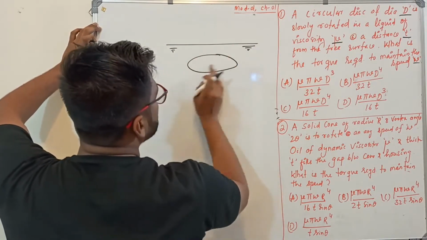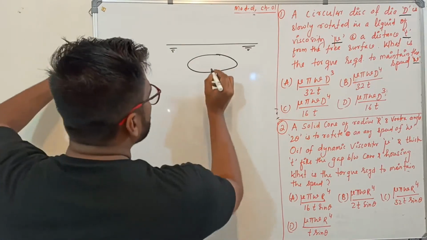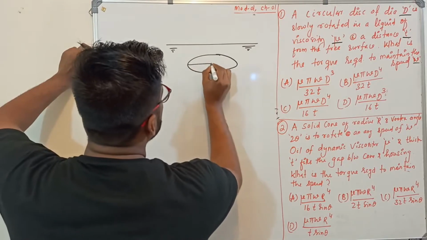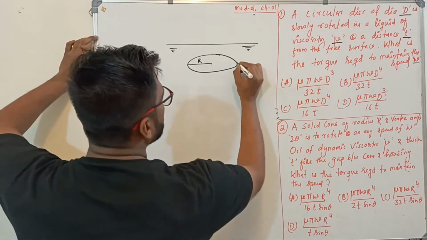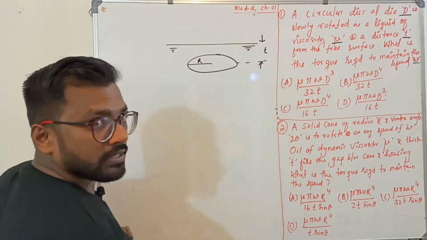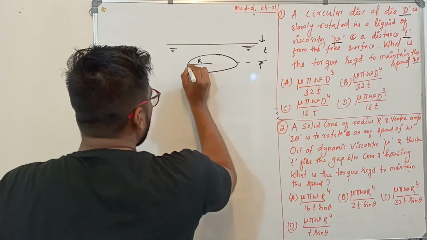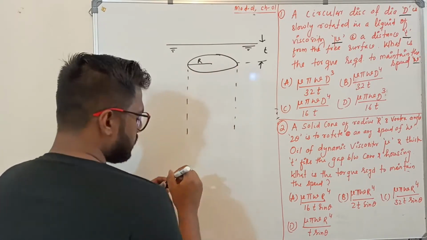It's not quite circular in my drawing. It has a radius r, because the diameter is d, we take the radius as r, and this is at a depth of t. In order for you to understand better, I'll draw its projected view.